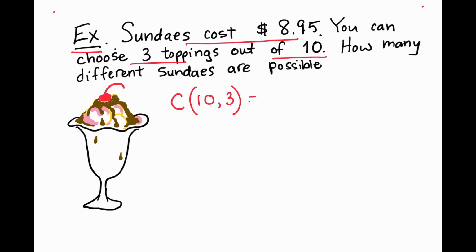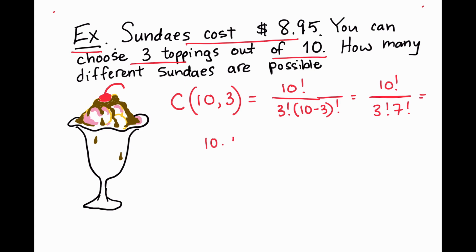So again, we're going to use the formula. We have 10 factorial over 3 factorial times 10 minus 3 factorial. Let's clean that up. It's 10 factorial over 3 factorial times 7 factorial. Now I'm going to simplify a little bit. I have 10 times 9 times 8 times 7 factorial, because I see the 7 factorial here, and then 3 factorial is 3 times 2 times 1, and then we have times 7 factorial.